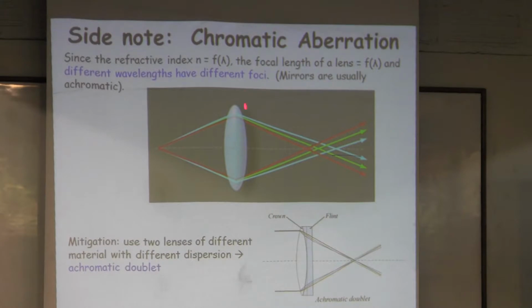But for essentially all materials, the amount of refraction is wavelength dependent. So the lens has a different refractive index for different wavelengths, and that means the focus is different for red light than for green light or blue light.